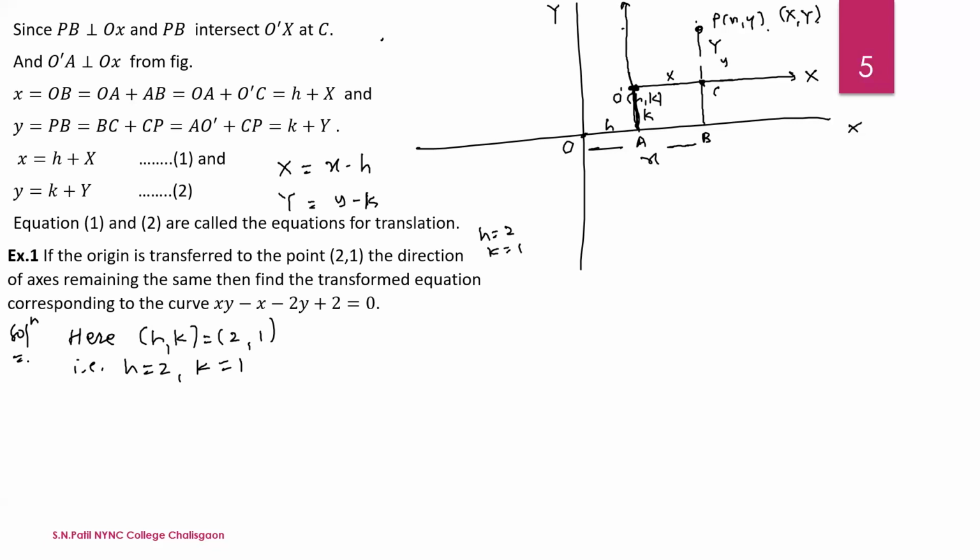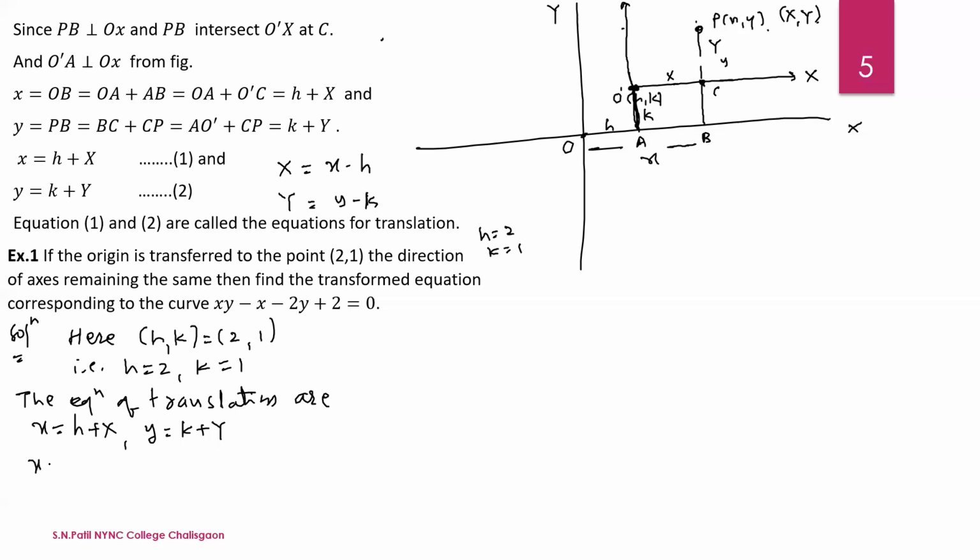Now the equations of translation: x is equal to h plus capital X and y is equal to k plus capital Y, where h and k are given.